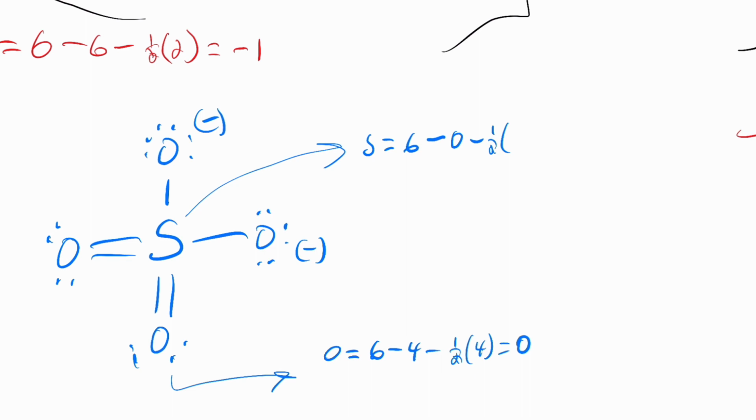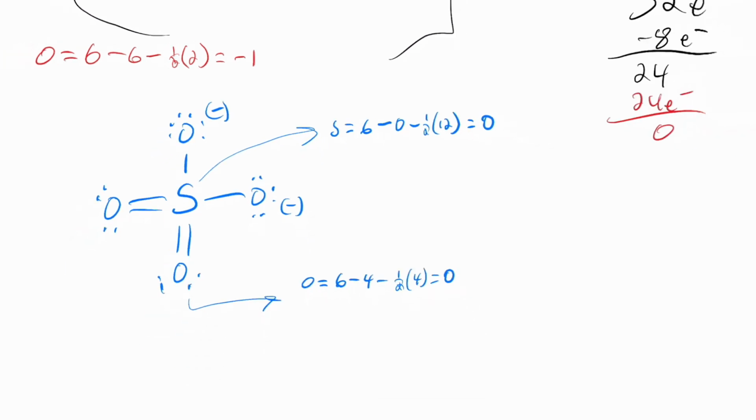We'll look at our bonding electrons, and we'll have 2, 4, 6, 8, 10, 12. And so we get 6 minus 0 minus 1/2 of 12, which would be 0. So that tells us the formal charge is just like it is. Now that's one resonance structure for the sulfate ion.